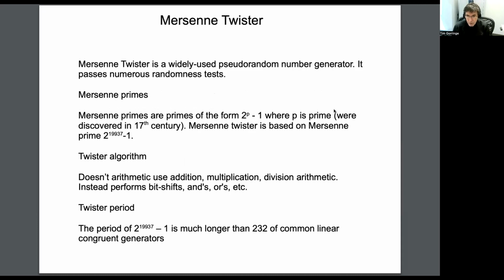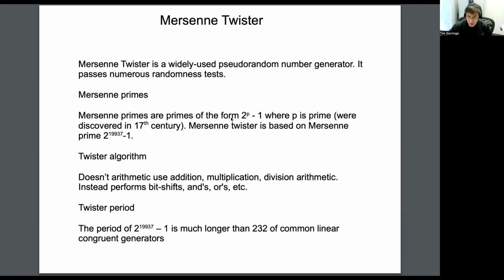So a few words about this Mersenne twister. Sounds like a weird name, sounds like an interesting name. It is based on what we call Mersenne primes. And Mersenne primes date back to the 17th century. So Mersenne primes are prime numbers that can be written in the form of 2 to the power of some other smaller prime minus 1.